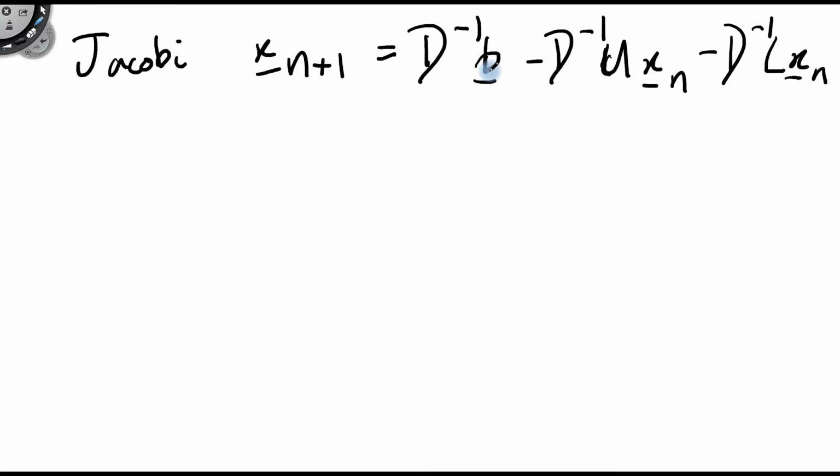Okay, so that's just expanding. I've just separated off the L and the U terms separately. The reason I've done that is that we can then see that going to Gauss-Seidel, we're just simply going to modify this term, right? Because it's lower triangular.